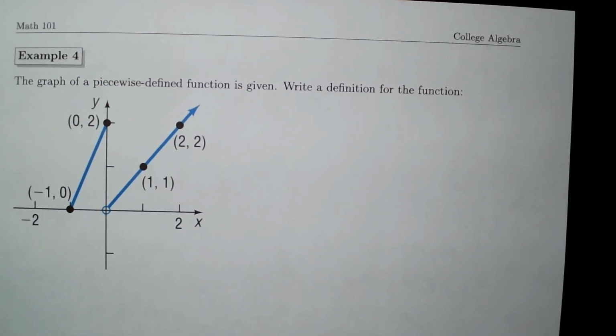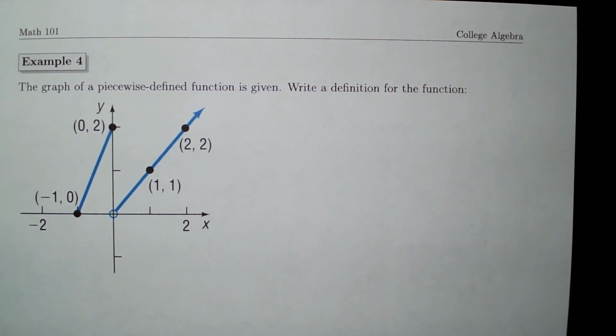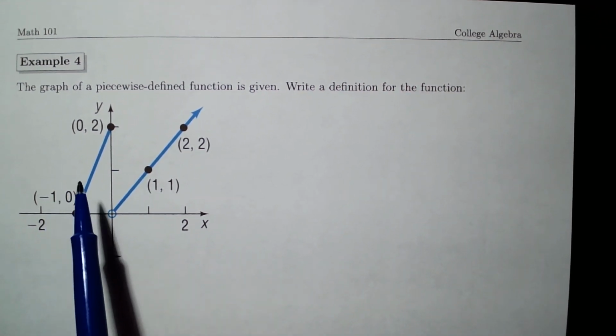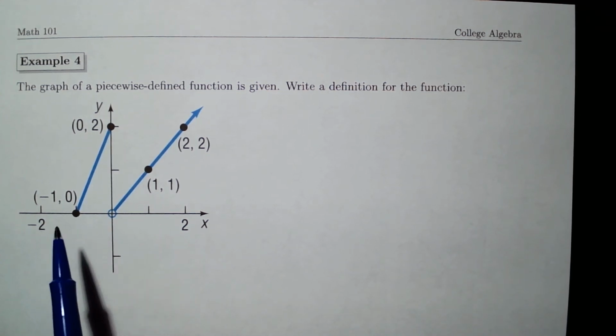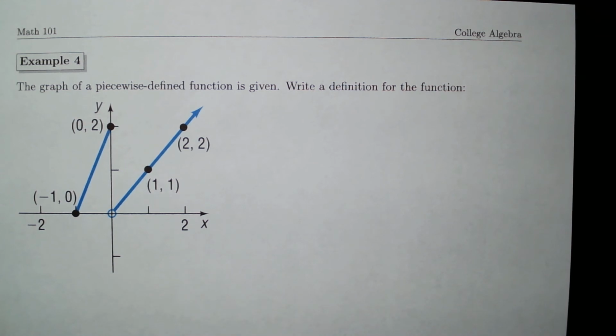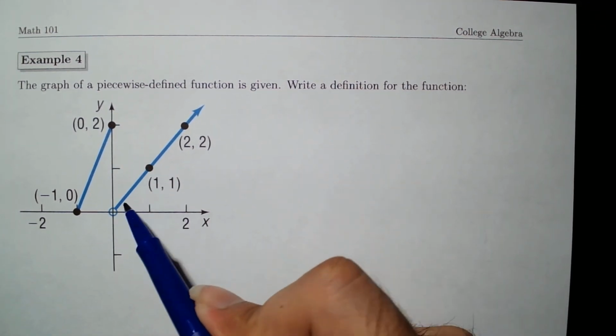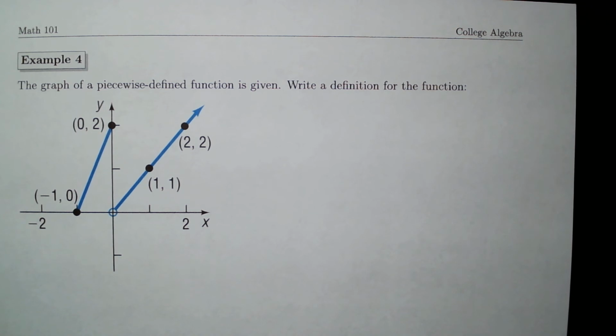And the last example, just to wrap up this section, now we're gonna do the backwards type of problem, in which now we are given the graph of the piecewise function, and then they're asking us to write the definition of the function. Alright, notice we have two straight lines, one straight line here and another one there.